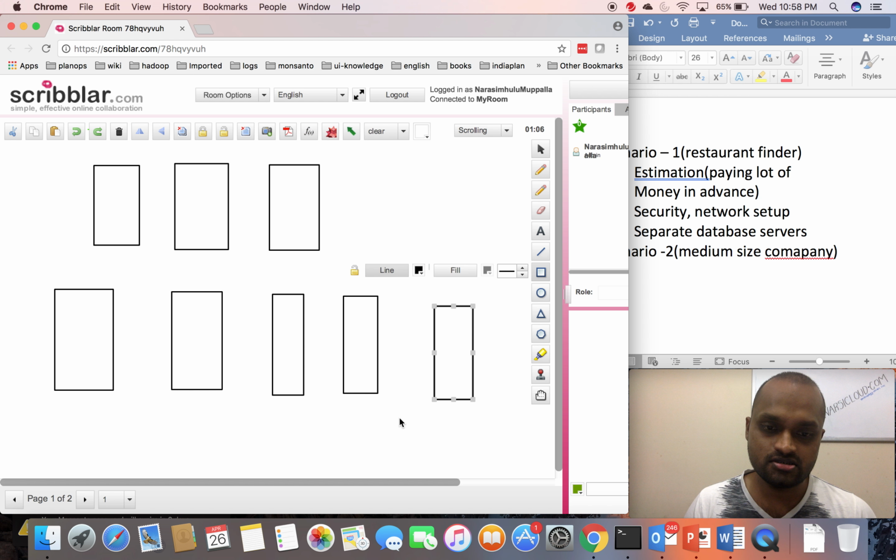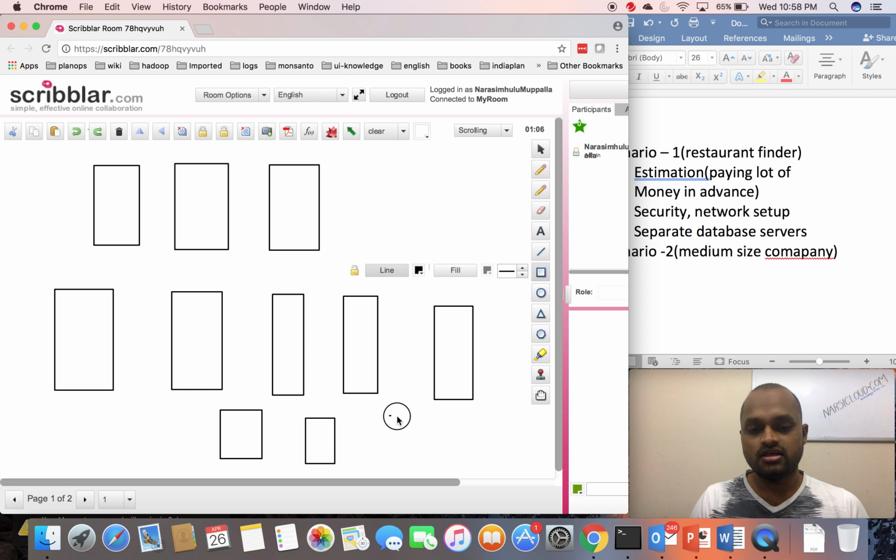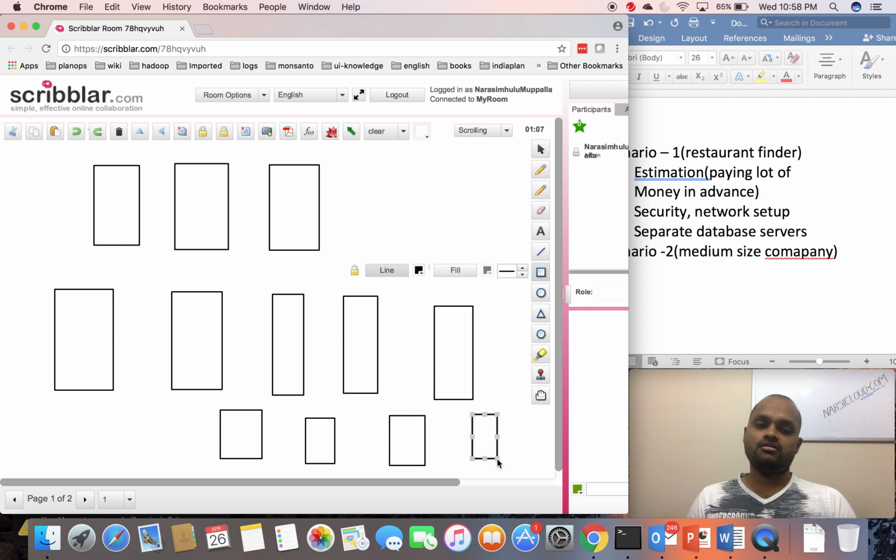But as more people start using our application, I need to go buy a lot of hardware like this and keep extending my data center, and that's not going to happen within minutes or in a day. It's going to take a number of days, sometimes months, depending on the policy of the company.